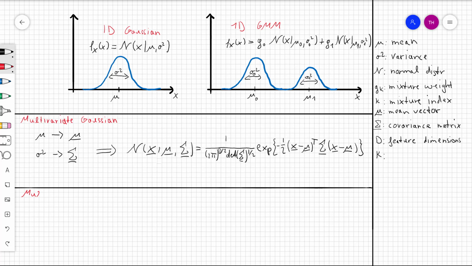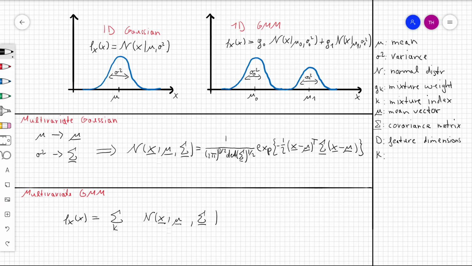All this previous information we can now use to obtain the multivariate Gaussian mixture model. And here the distribution is depending on multivariate Gaussians, so what we just looked at. And because we're looking at a Gaussian mixture model, we sum them together.